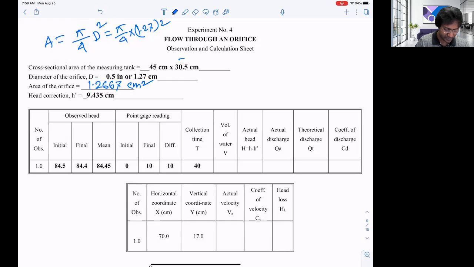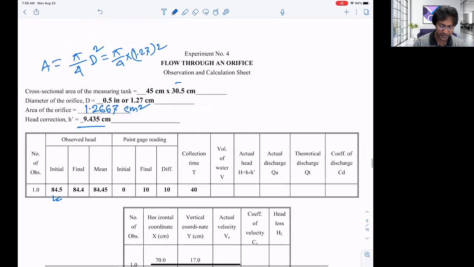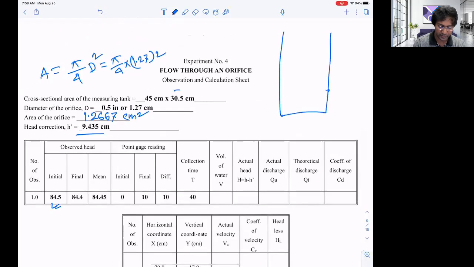And then we have head correction. That head correction is from the experimental setup, so we don't have to worry about it. If you don't have any head correction for your setup, you don't need that. So it is 9.435. What we have is the initial measurement of the tank, and when we are measuring that, we have the tank, we have the opening here, we have that orifice, we have that measuring piezometer.